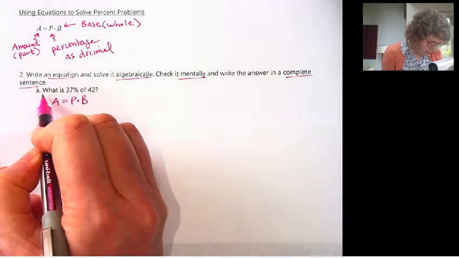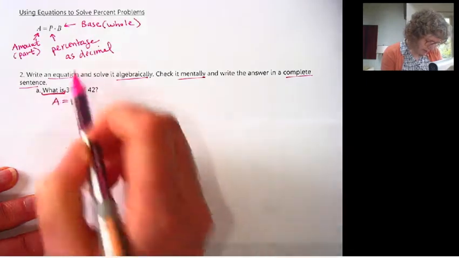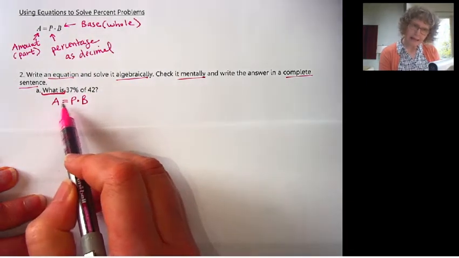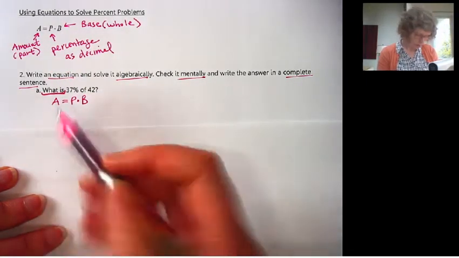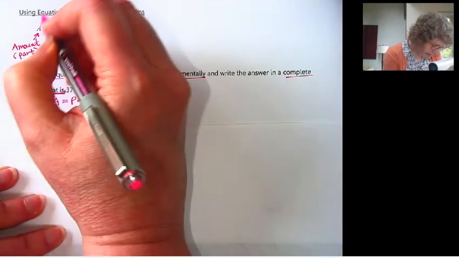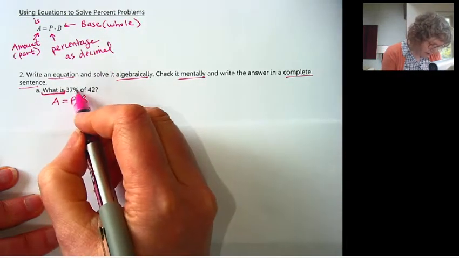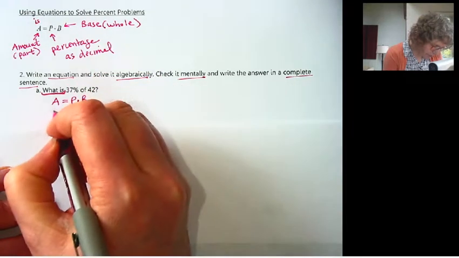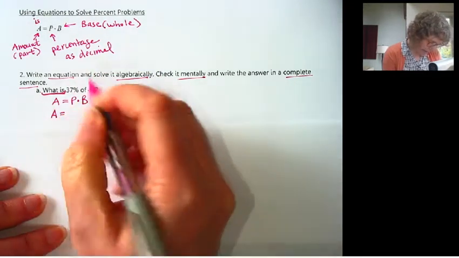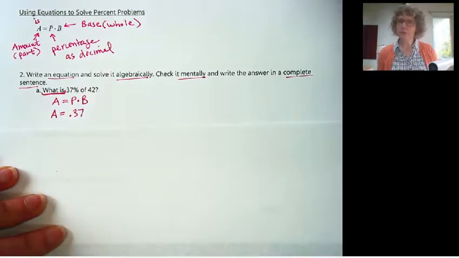Okay, so what's important is we need to identify which is which. So what is, okay, the is part, see how it's A equals or A is? Equals kind of translates to is. So the what part is the A, the quantity that they're talking about with the is. 37% of, so we don't know our A, so we're going to leave that A. 37 we need to change into a decimal to do any math with it.